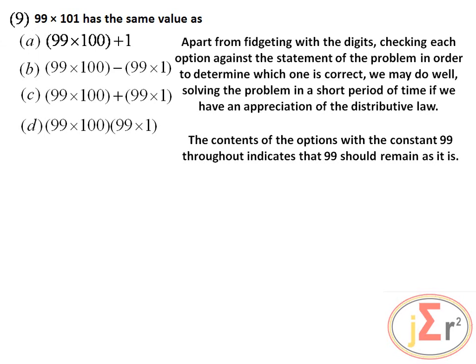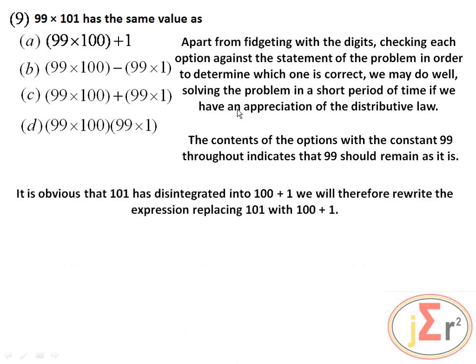We should cause it to be as it is. So let 99 remain as it is without decomposition or without decay. It is obvious that 101 has disintegrated into 100 plus 1. We will therefore rewrite the expression replacing 101 with 100 plus 1.